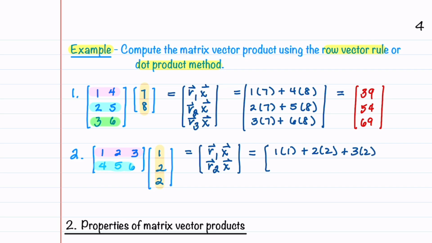We'll then multiply row 2 times X, and we'll get 4 times 1 plus 5 times 2 plus 6 times 2. This gives us an answer of 11 and 26.